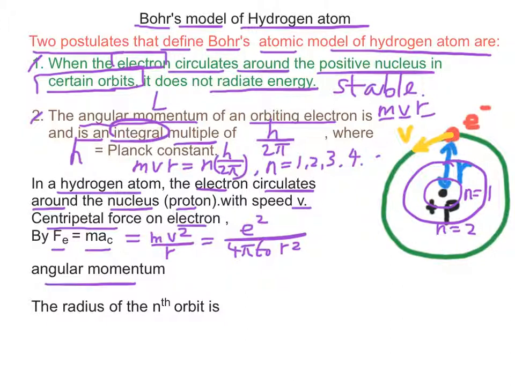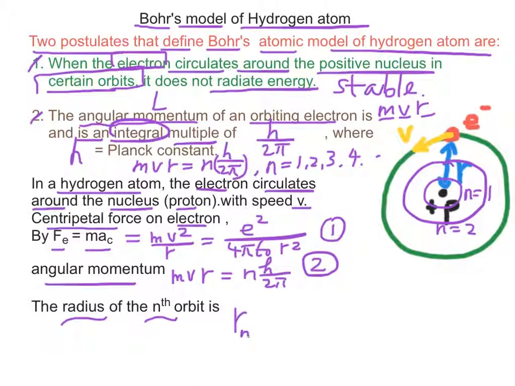Since the angular momentum of the electron, mvr equal to n h over 2 pi, from equations 1 and 2, we got the radius of the nth orbit is r_n equal to h squared epsilon over pi m e squared times n squared.